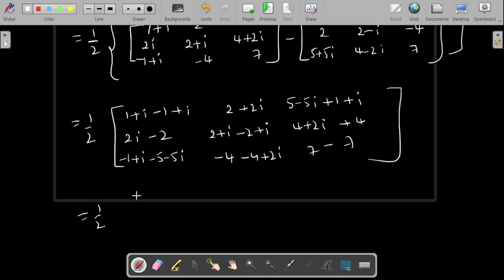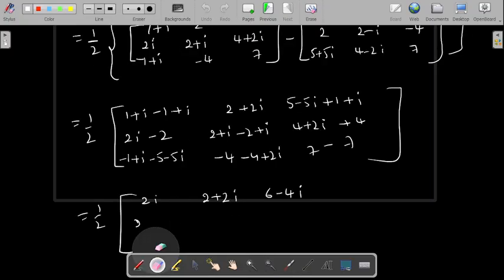So now it will be minus 1 plus 1 subtracted 2I, 2 plus 2I. Next 6, 5 plus 1, 6, minus 4I. Next minus 2 plus 2I.